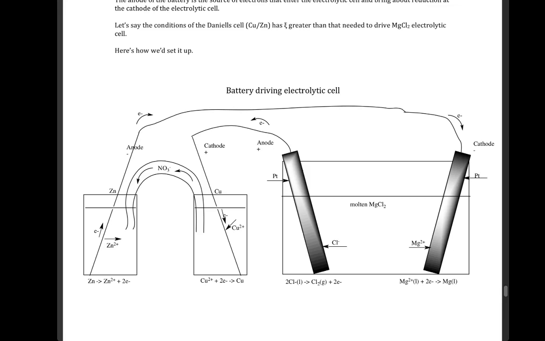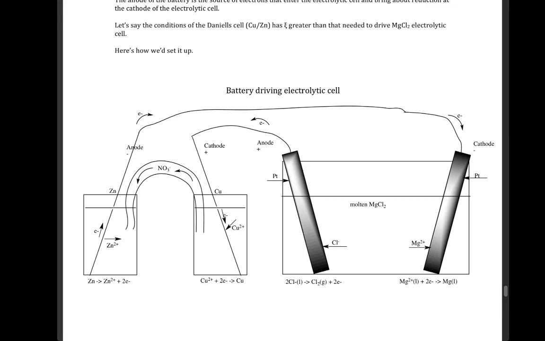The anode of our battery has a negative sign, so the cathode of our electrolytic cell is negative. We hook up the electrode of our battery with its positive sign to the anode of our electrolytic cell, and those two therefore share the same charge, which is positive, as established by the battery.